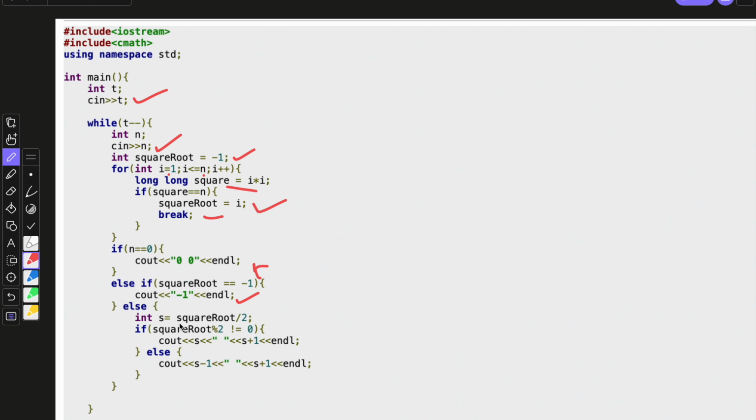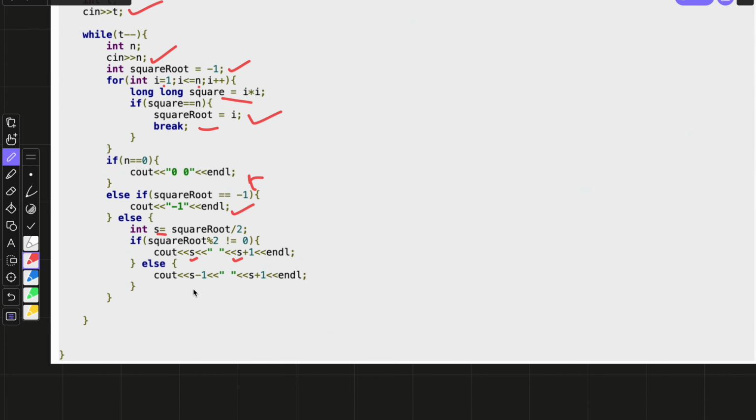And if it is, then we have created s, which is square root by 2. We half it. If it is odd, we output half and half plus 1, and else, for the second case, we did s minus 1 and s plus 1.